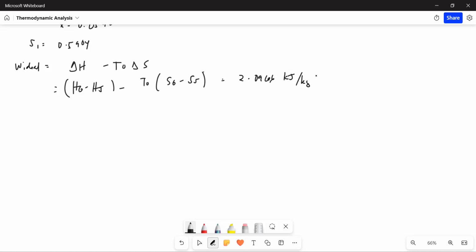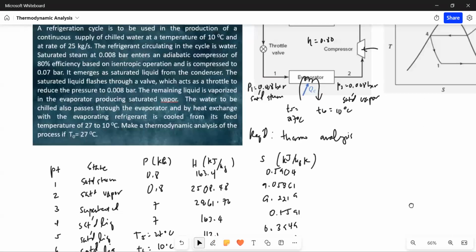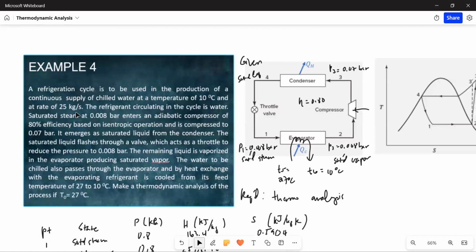By the way, I forgot to write that the mass flow rate is also given. The mass flow rate is 25 kilograms per second.